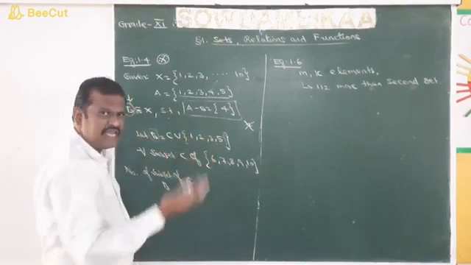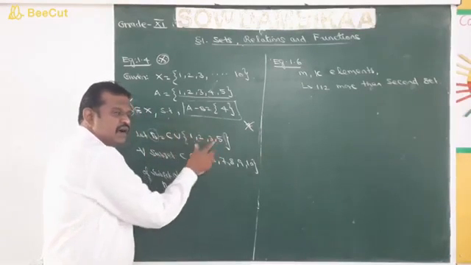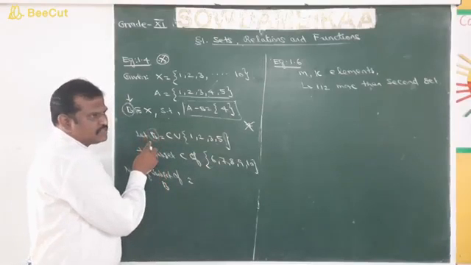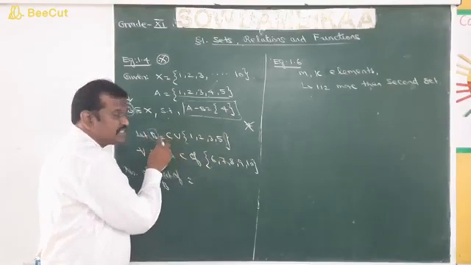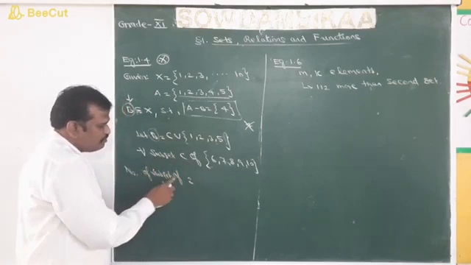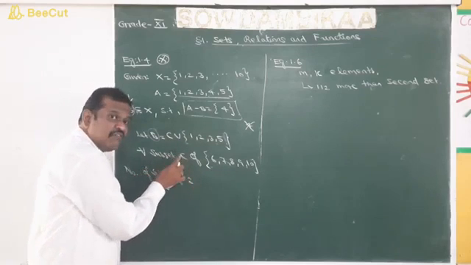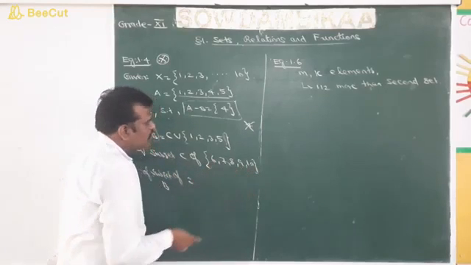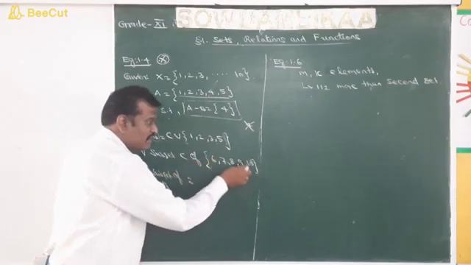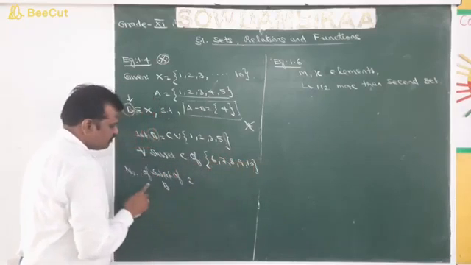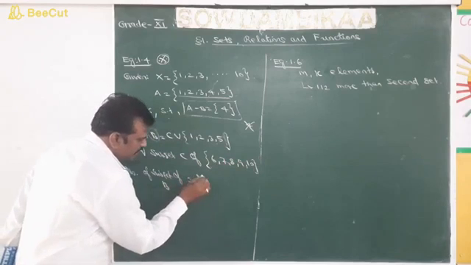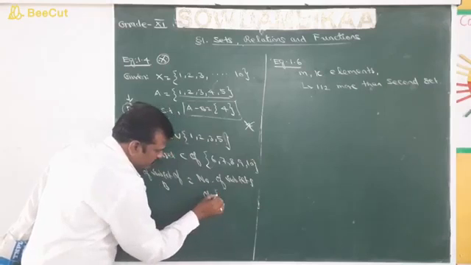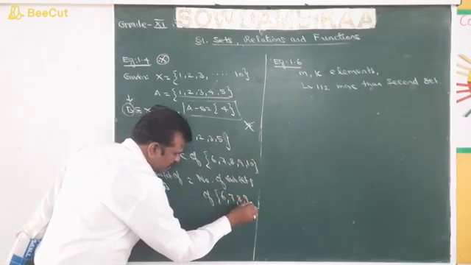If C has 10 choices, we can form 10 different sets for B. So we can find the number of sets B according to the number of subsets of C. So the number of sets B is equal to the number of subsets of C. C is a subset of 6, 7, 8, 9, 10. Therefore, the number of subsets of C is nothing but the number of subsets of 6, 7, 8, 9, 10.